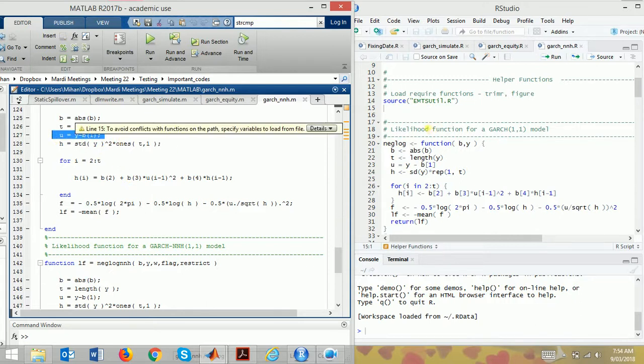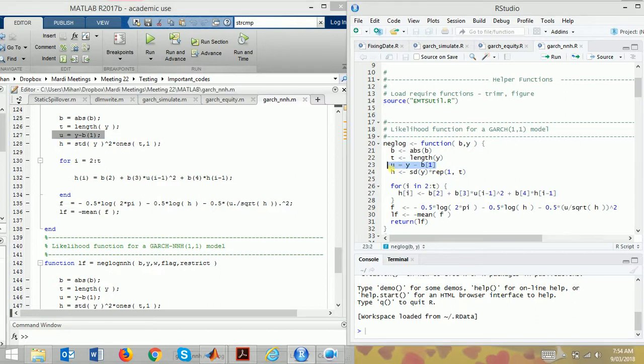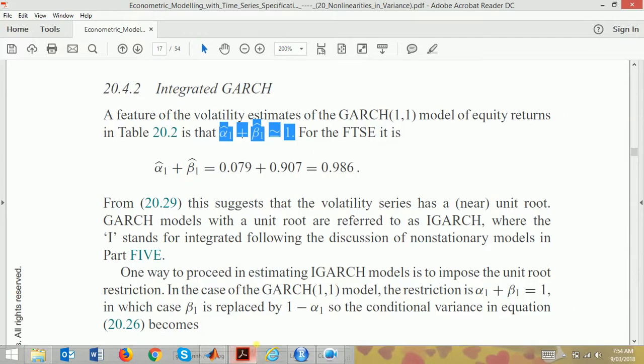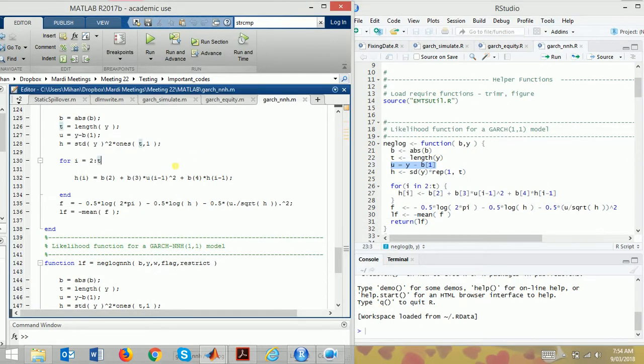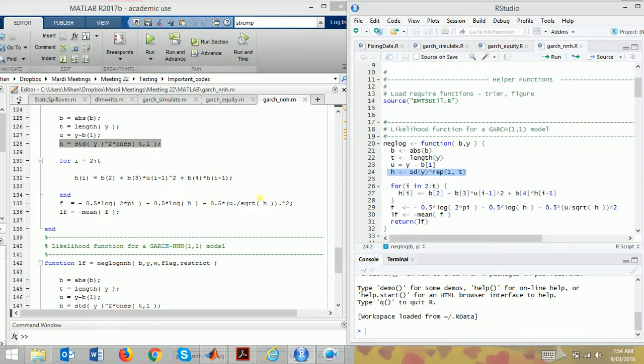And this is a constraint we are putting on our equation, so that we have this model alpha. This is the first parameter, that's why 1 minus alpha 1, so that we can get this unit root situation, because it's a GARCH. That's the constraint we are putting on our model.